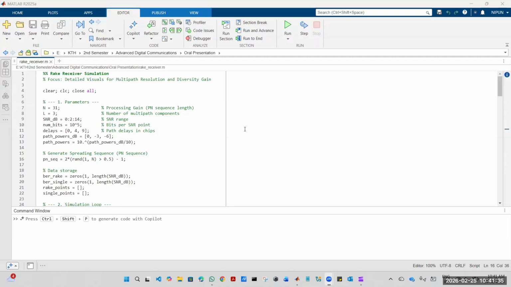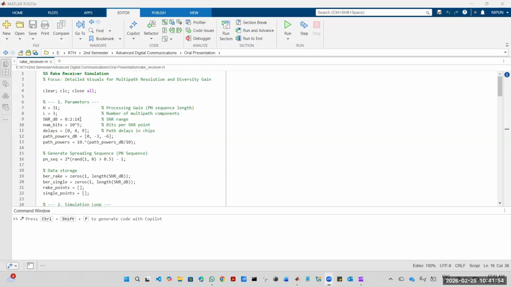Okay, so in this part of the video, I'll be showing a very simple MATLAB simulation for multipath resolution and diversity gain using the Rake receiver. For this simulation, the parameters are chosen as follows. I've taken the processing gain as 31, and 3 independent multipath components.